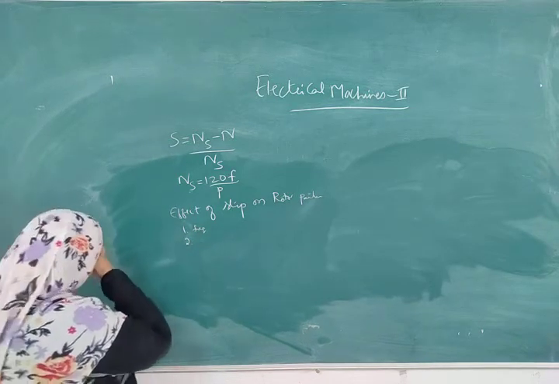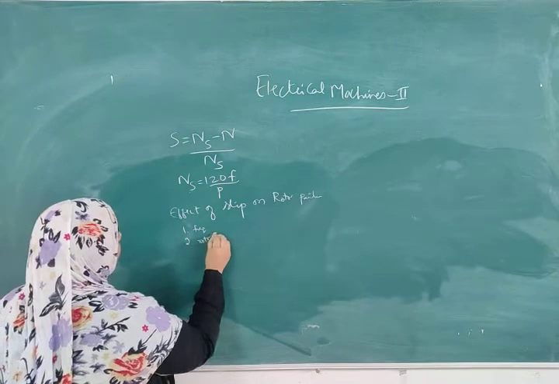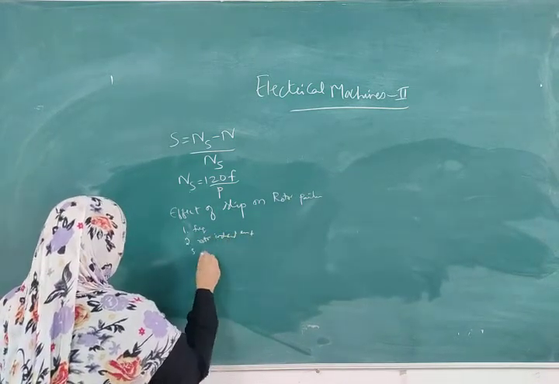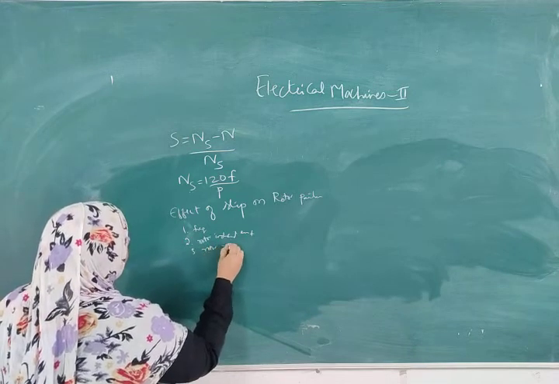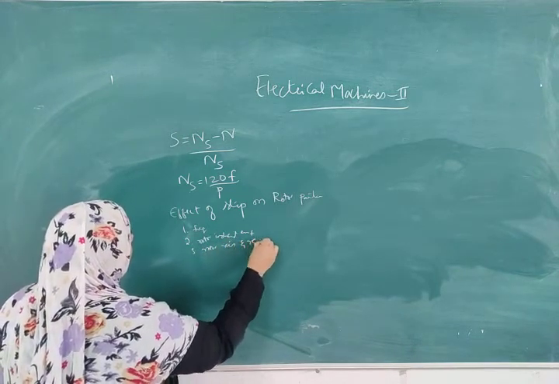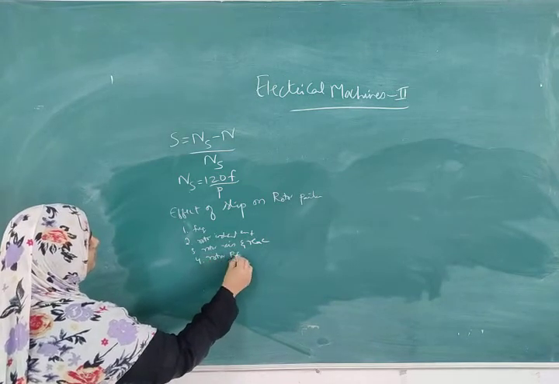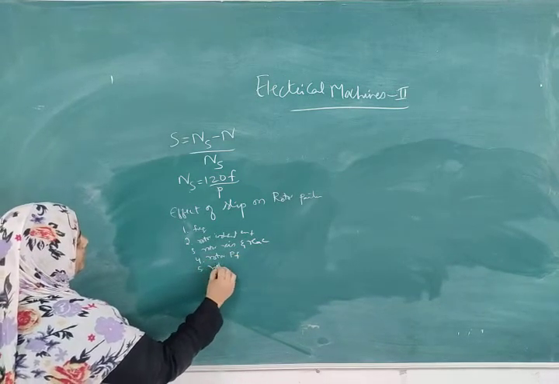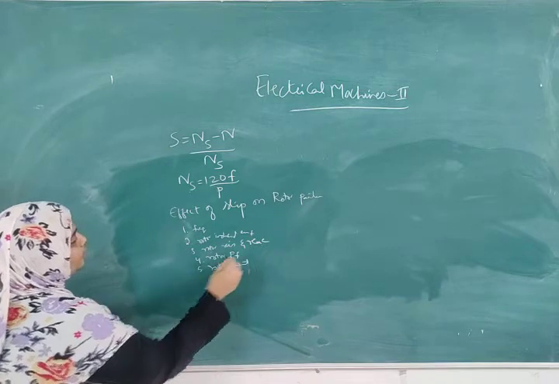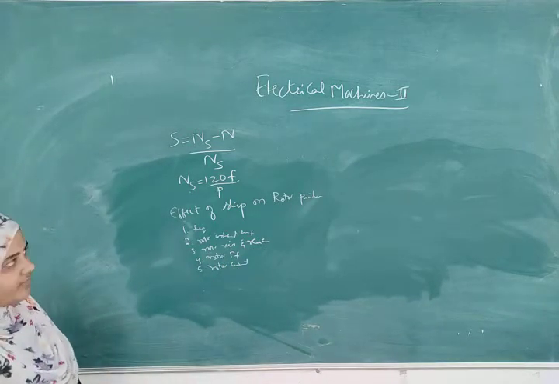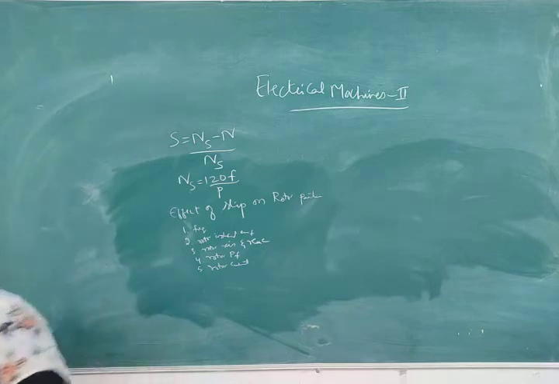Second, rotor induced EMF. Then rotor resistance and reactance. Then rotor power factor and rotor current. So the effect of slip on these parameters we have seen, we have found the equations also, and we have done a numerical based on slip.